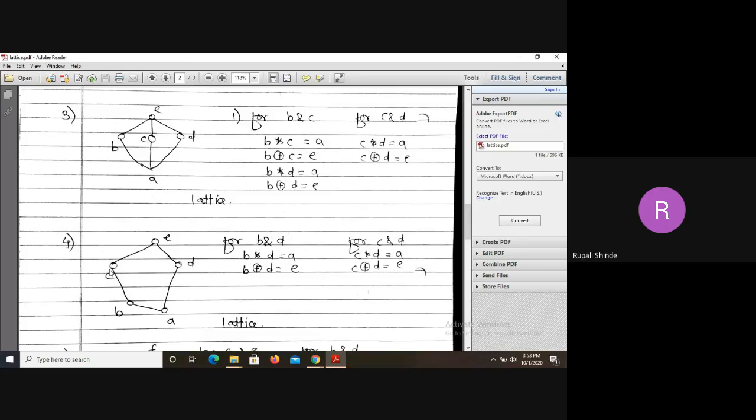If you take CD, then the greatest lower bound for C and D: these two elements are meeting at point A, which is the lowest point.